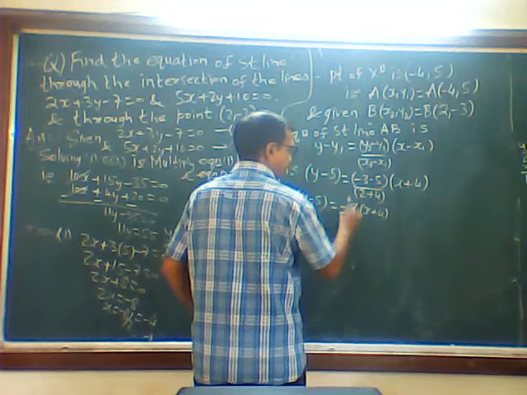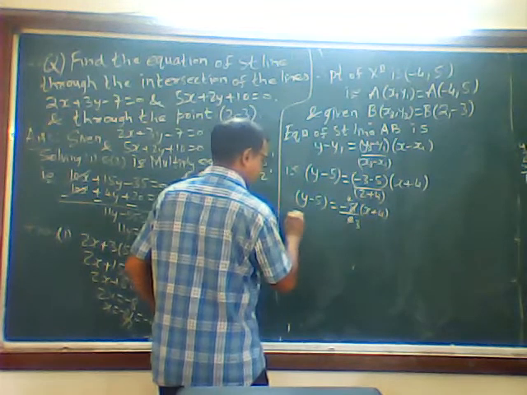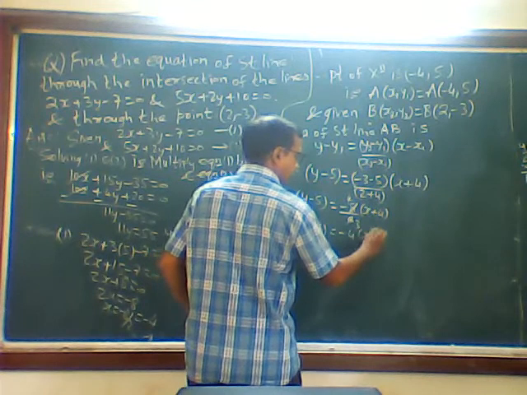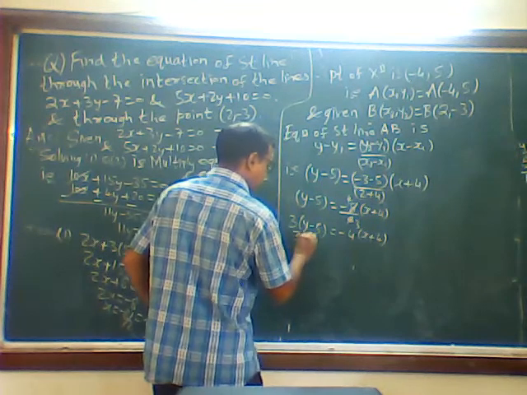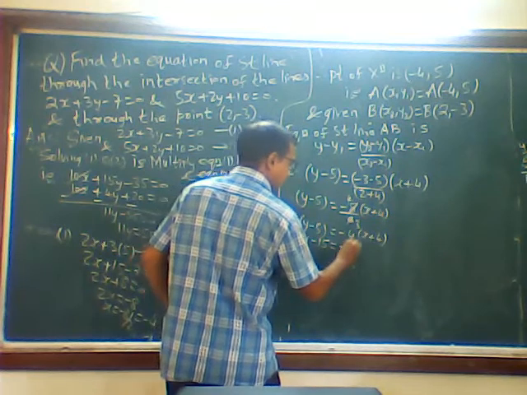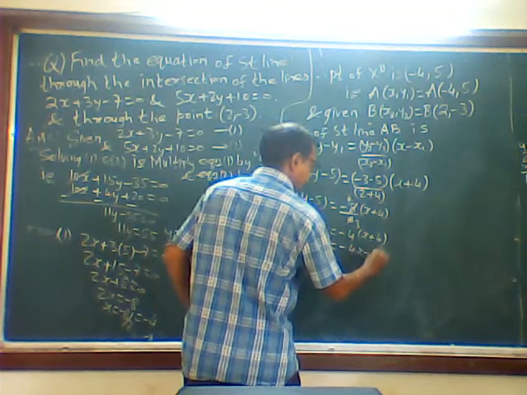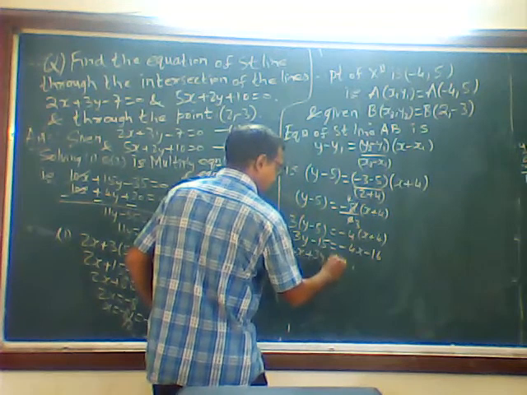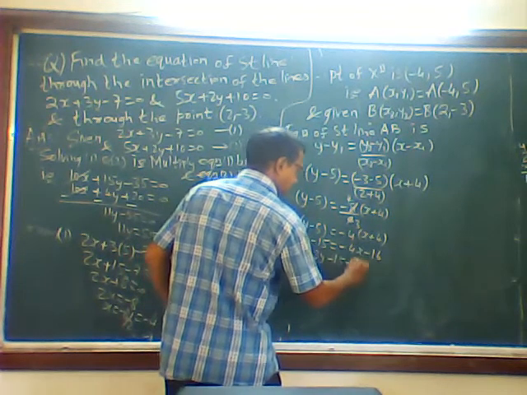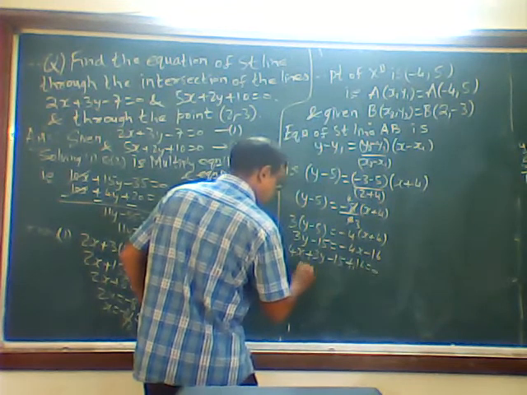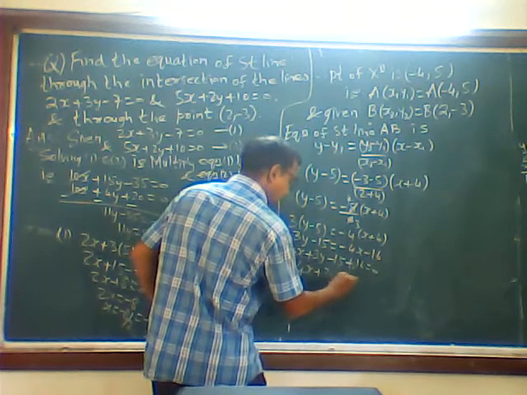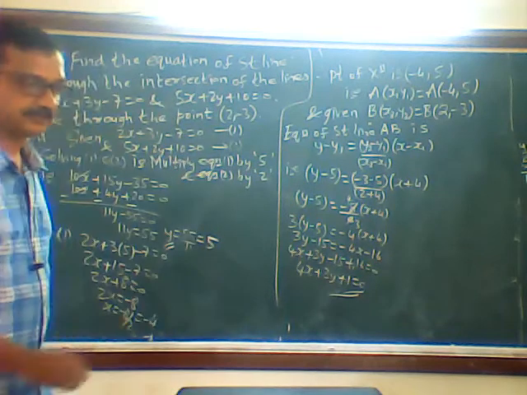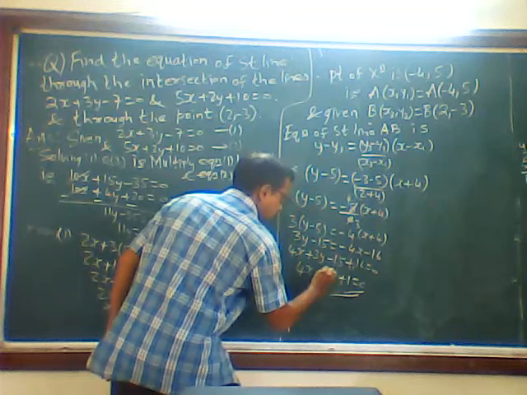So 2 fours are 2 threes, this 3 will come here: 3 times y minus 5 is equal to minus 4 into x plus 4. 3y minus 15 is equal to minus 4x minus 16. Minus 4x will come to this side: 4x plus 3y minus 15 plus 16 is equal to 0. 4x plus 3y plus 1 is equal to 0. That is the answer, the equation of the straight line.